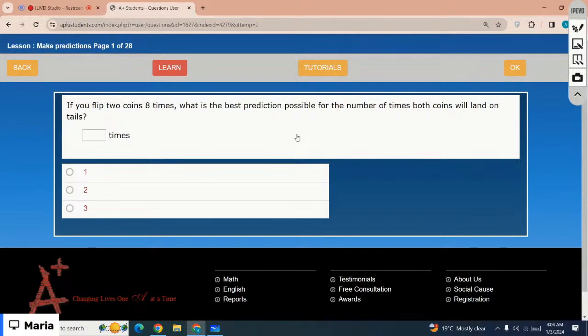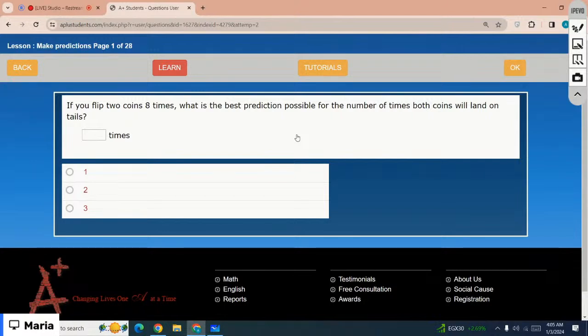Okay. If you flip two coins 8 times, what is the best prediction possible for the number of times both coins will land on tails? That's exactly the same we just did. First, you have to find the probability of both the tails, right? So when you flip two coins, you have four possible outcomes. First, you have tails on both coins. The second one is you have head on both coins.